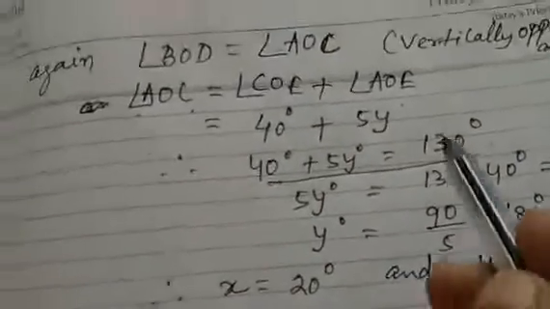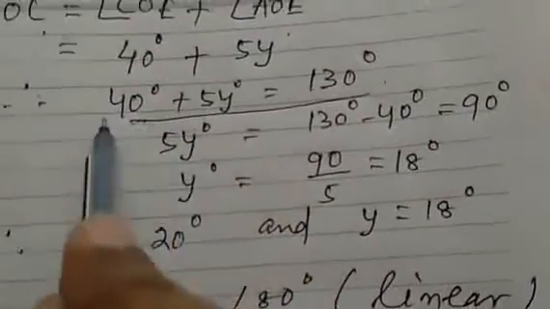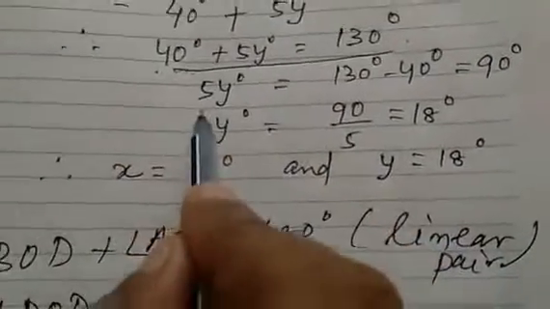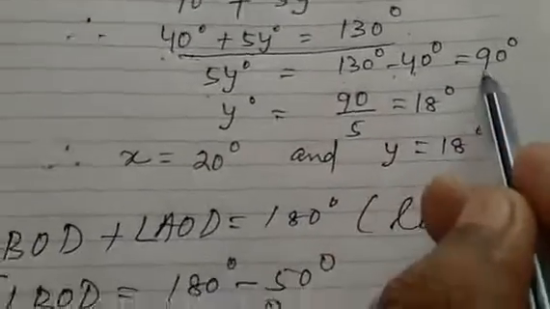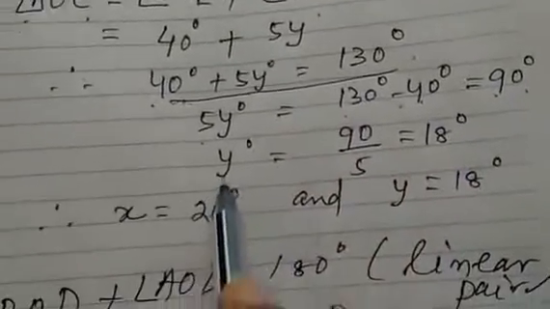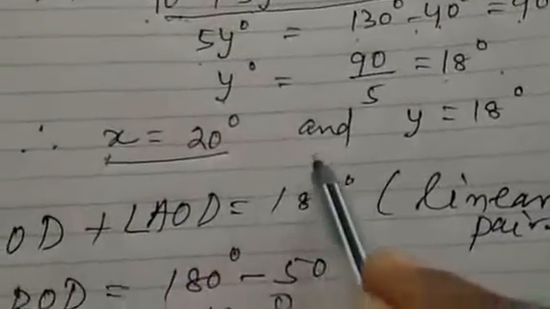Try to understand: 130 degree we obtain from this linear pair, and this is the sum of these two, 40 plus 5y. Therefore 5y is equal to 130 degree minus 40 degree, which is 90 degree. So y is equal to 90 by 5, which is 18 degree. Therefore angle x is equal to 20 degree and y is equal to 18 degree.